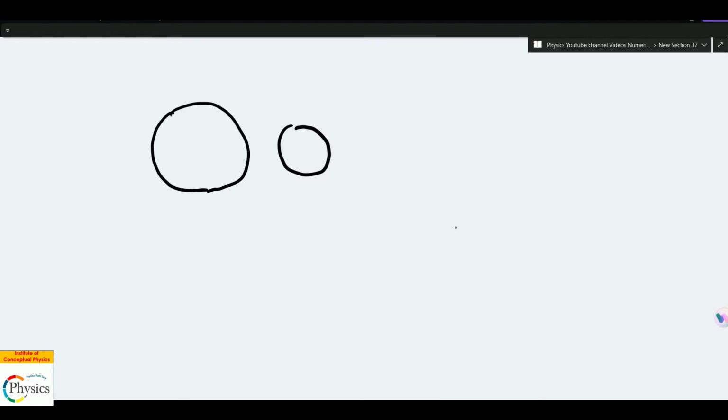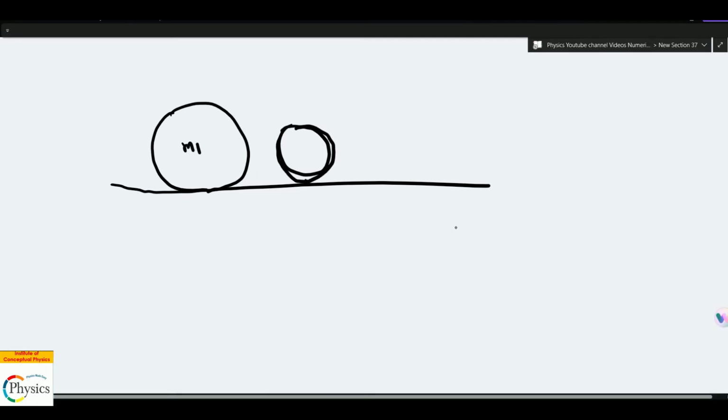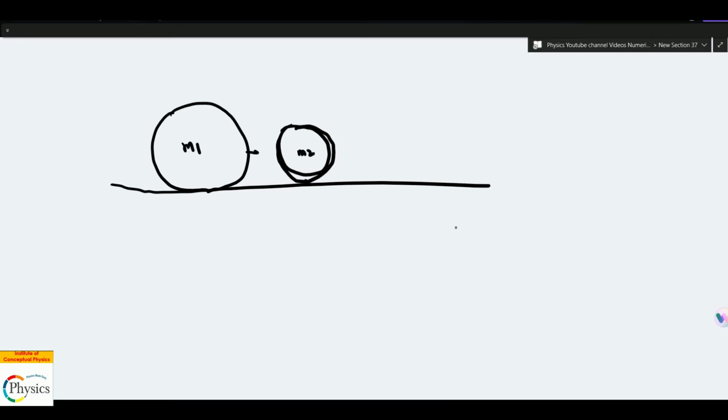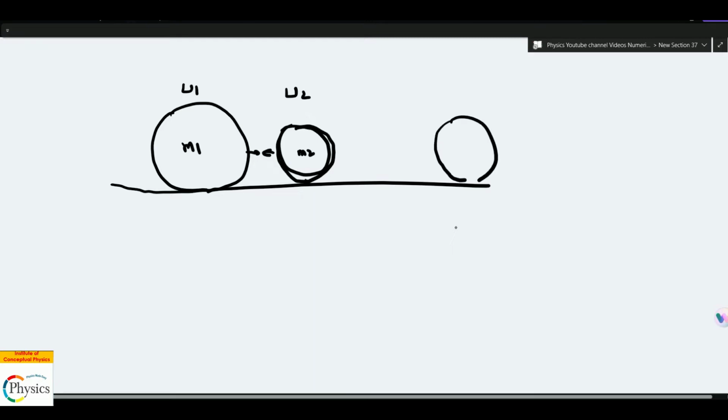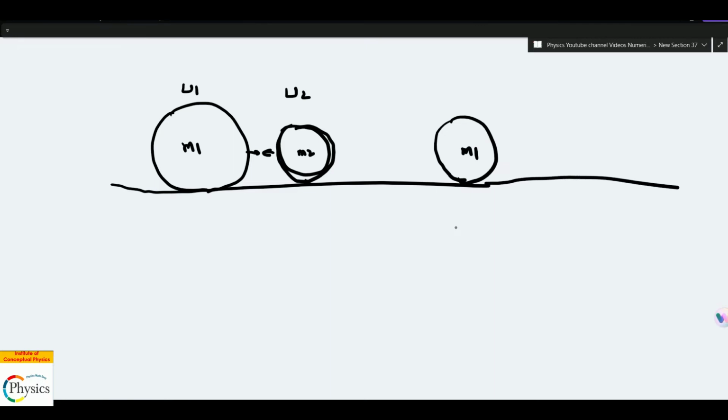In an elastic collision, if you have two bodies of mass m1 and m2, these could be small or big, and they are on the surface, let me redraw this. This is a ball, this is m1 and this is m2. If these two bodies collide elastically, and their initial velocities are u1 and u2, then after the collision the final velocities of the two bodies, this is m1, don't worry about the size, this is m2, are v1 and v2.